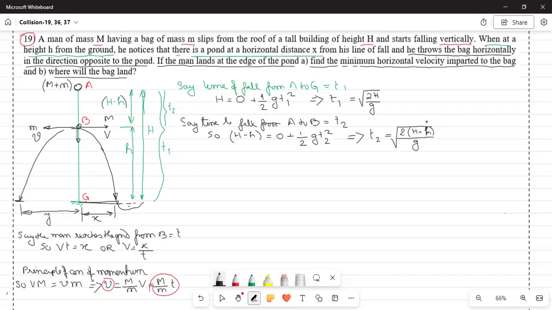So we have got T1 and T2. We can easily find T, the time of fall from B to G, just by subtracting these two figures. So T is equal to T1 minus T2.